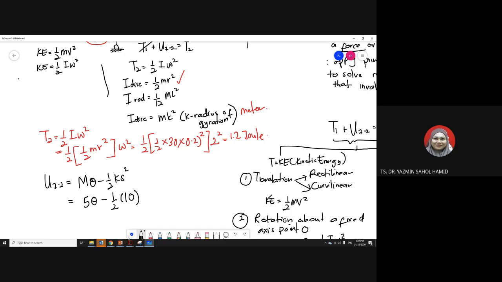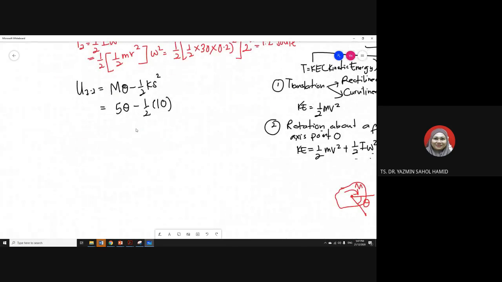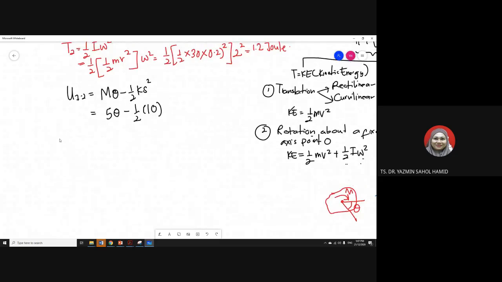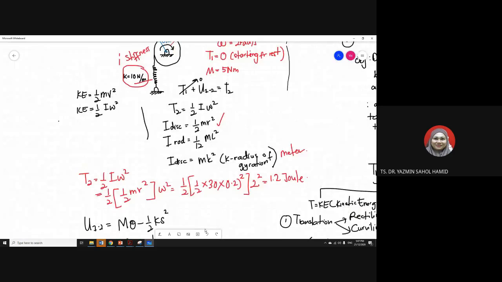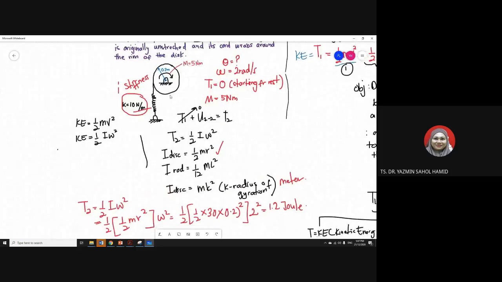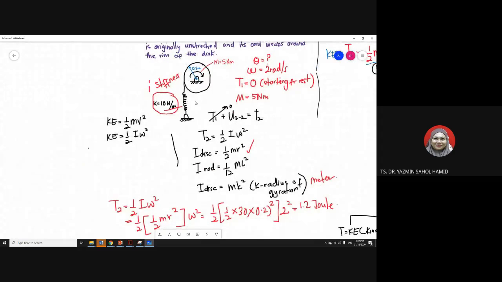Okay, now, if you notice, the spring, mana gambar spring tadi? Okay, ni gambar spring tadi. Let me redraw balik kat sini supaya boleh nampak.